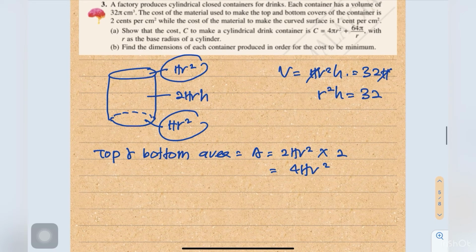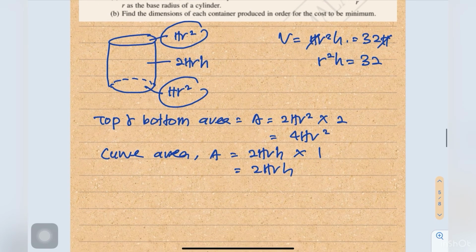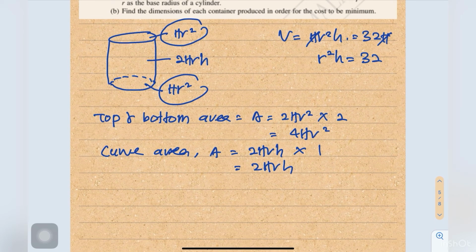Okay, for the curved area, the area is 2 pi r h times 1 cent. Okay, so this one is 2 pi r h. Okay, so the cost of all surface area, so we have to total. Okay, so C equals 4 pi r squared plus 2 pi r h.